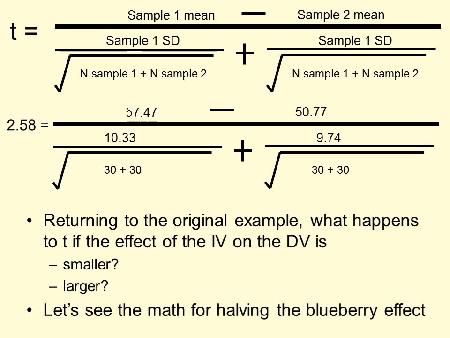So let's look at another thing that we haven't changed yet in the example. Let's look at what happens if we just imagine that the blueberries had a smaller effect. So let's imagine the blueberries only had half as much effect on exam scores as in the original example.